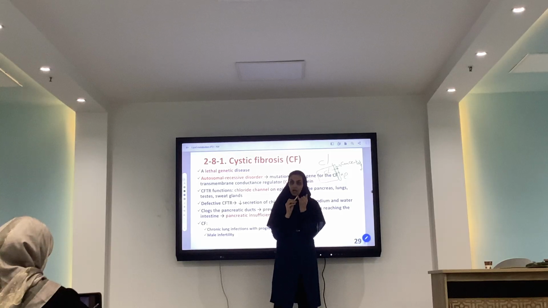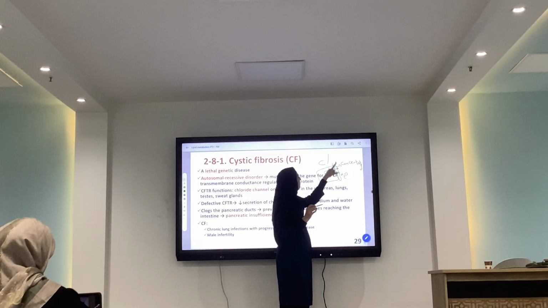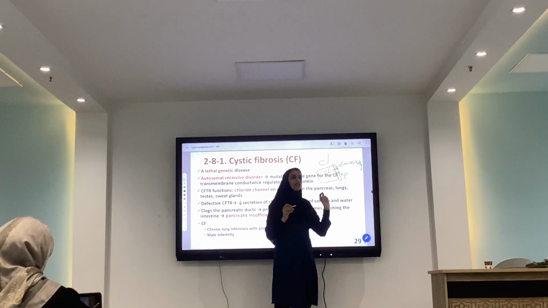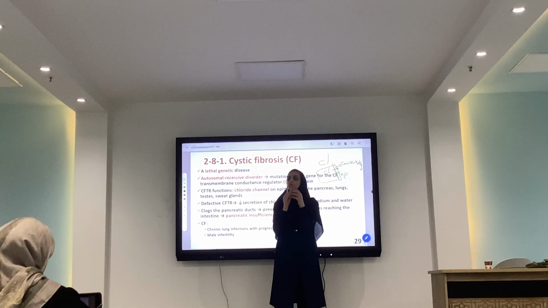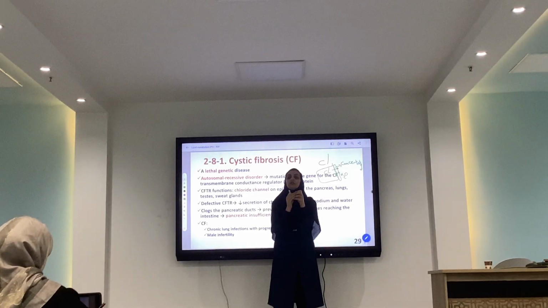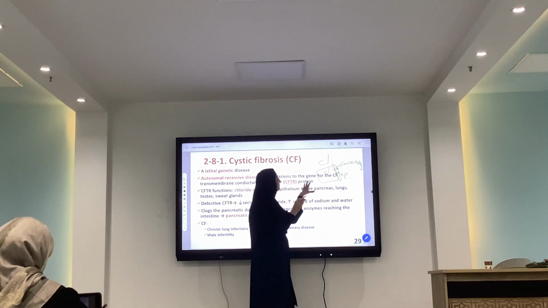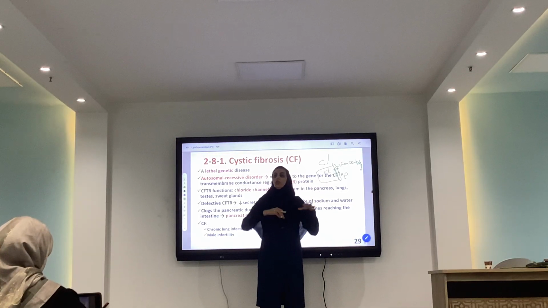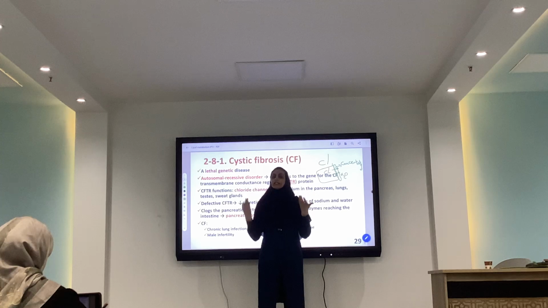In the lungs, because of the concentrated mucus, they become susceptible to different respiratory infections. These babies come to hospital with lots of respiratory infections.